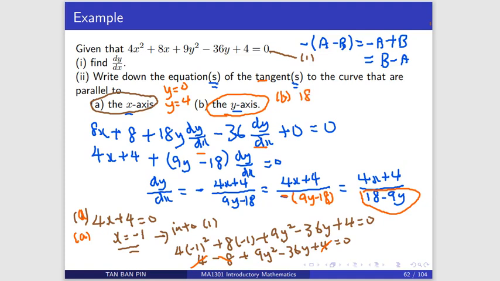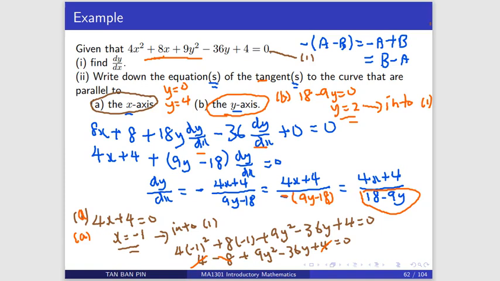So 18 minus 9y equals 0, which means y is 2. Then you sub y equals 2 into equation 1, the equation of the curve.